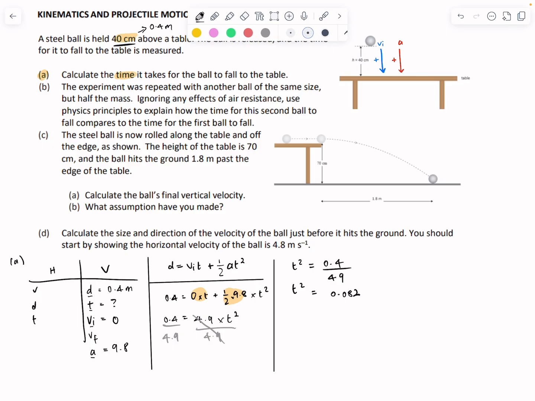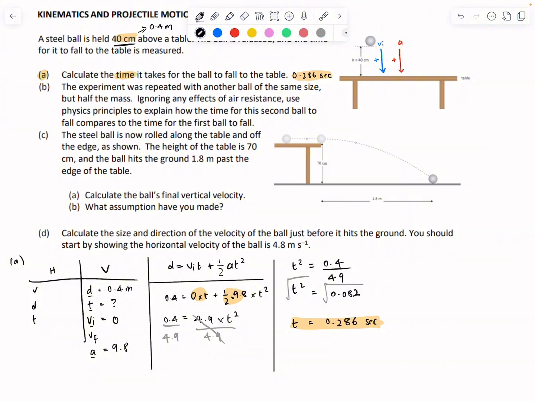So to get rid of this square, we square root both sides. So we'll be left with t equals the square root of 0.082. In your calculator, you should get 0.286 seconds. Don't forget units, okay? So this answers part A. The time taken is going to be 0.286 seconds.